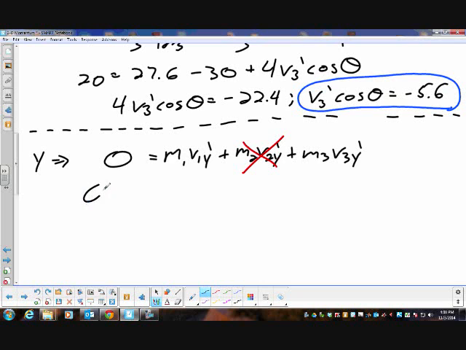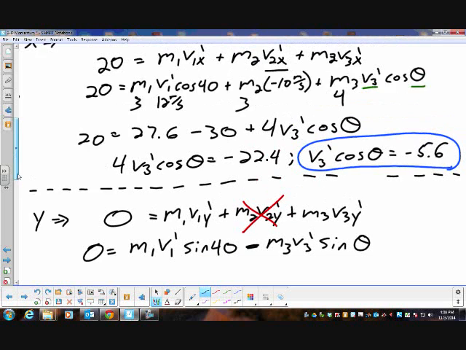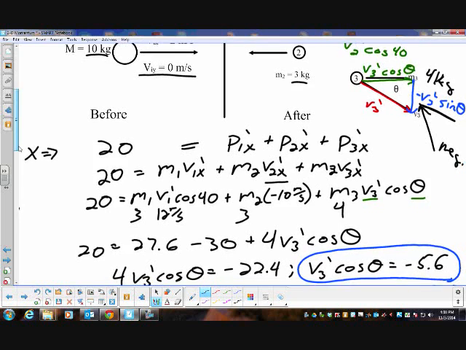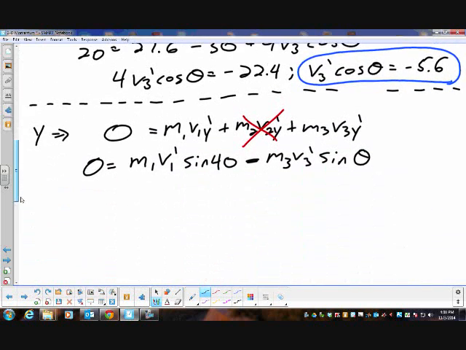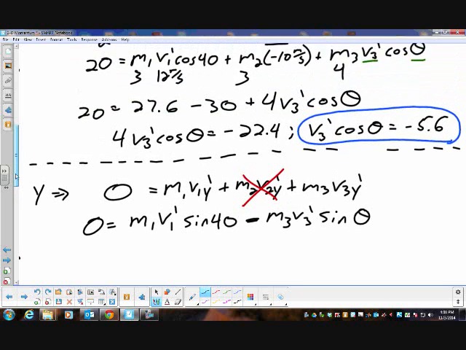In other words, I have 0 is equal to, and then I'm going to take m3 v3 prime times the sine of theta, but this is a negative sign because we have a negative y velocity component. Be very, very careful about that because I made that same mistake. Now, plugging in for my masses.